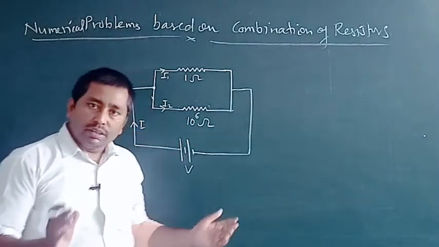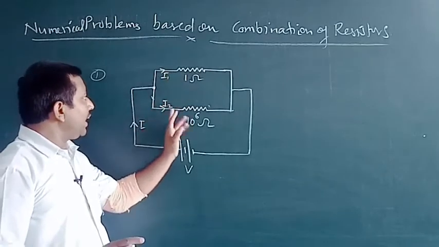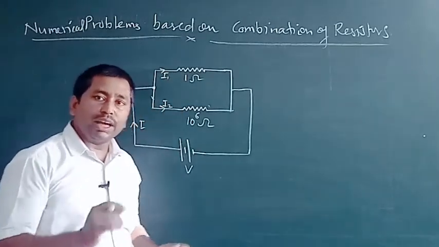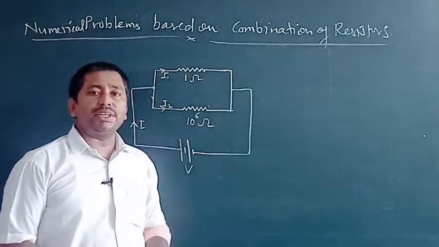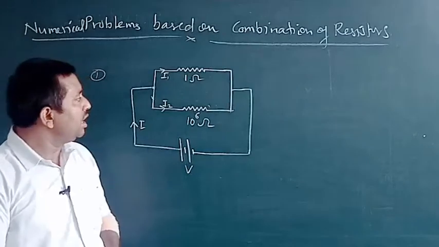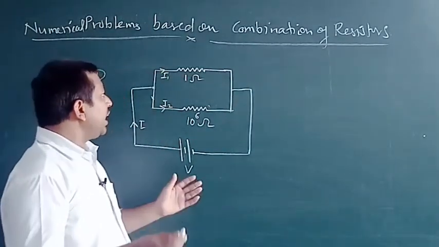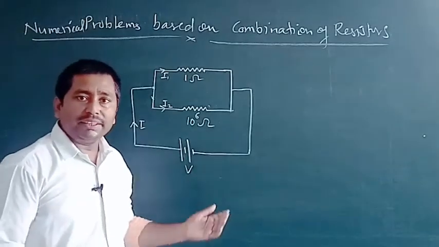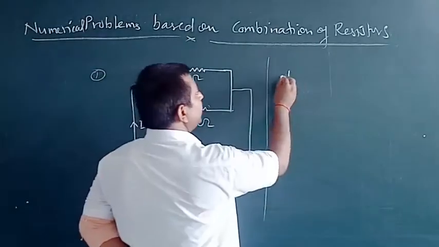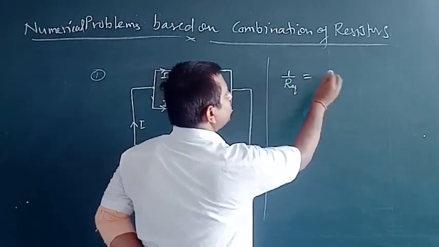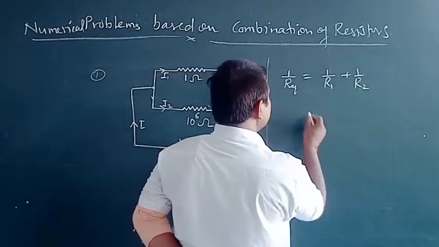If we want to find the values of I1 and I2, then in this order we have to find out the net equivalent resistance of the combination of these resistors. To find the equivalent resistance, we can apply the formula of the parallel combination, that is 1 upon R equivalent is equal to 1 upon R1 plus 1 upon R2.